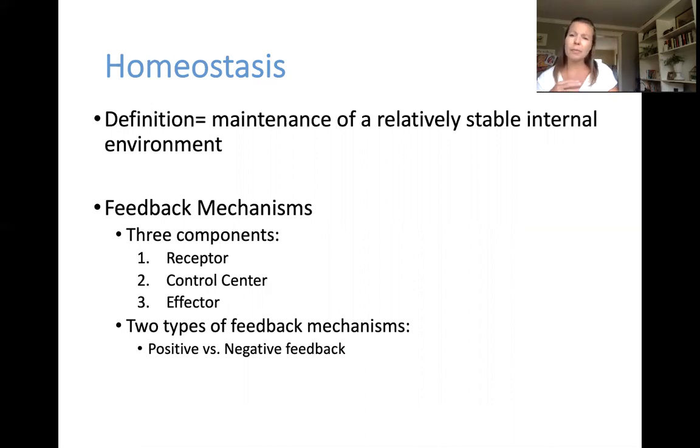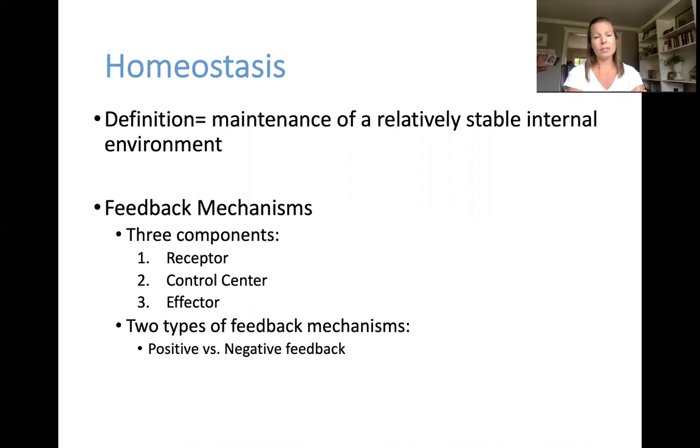So for instance, the body always maintains a constant internal temperature, within a few degrees, no matter what the temperature is outside the body. So if you go outside on a really cold, freezing cold day, your body is still able to maintain its normal body temperature, even though the temperature outside of the body is very low. So that's important for maintaining life.